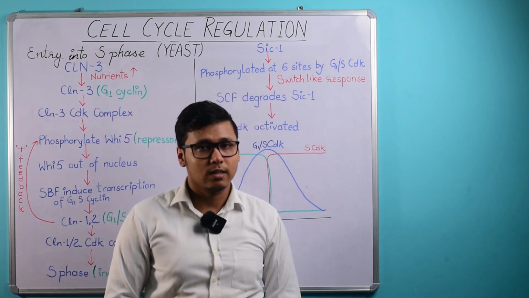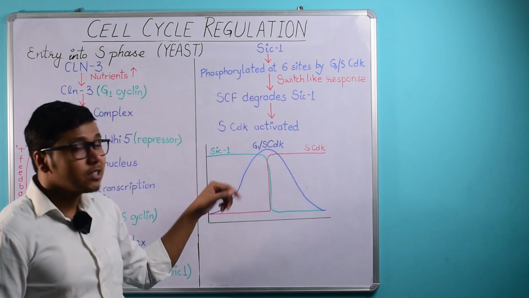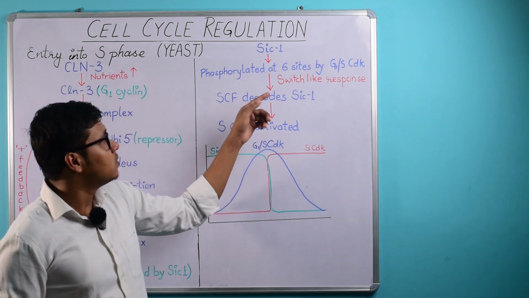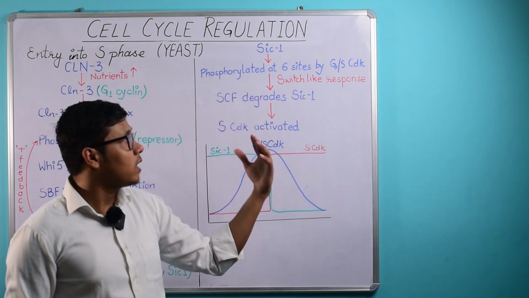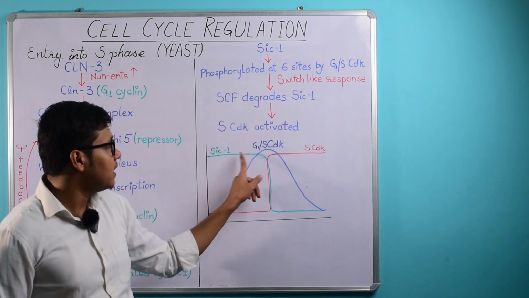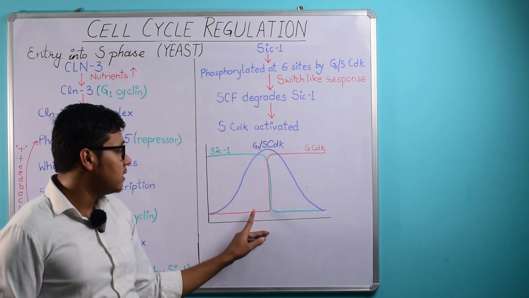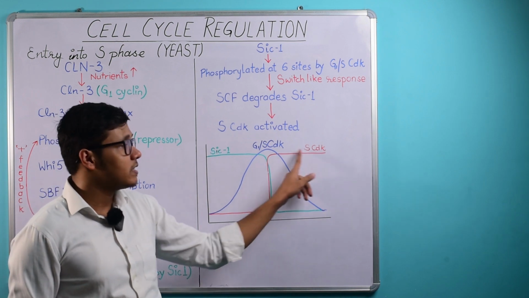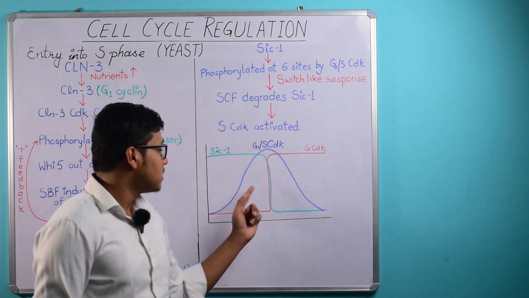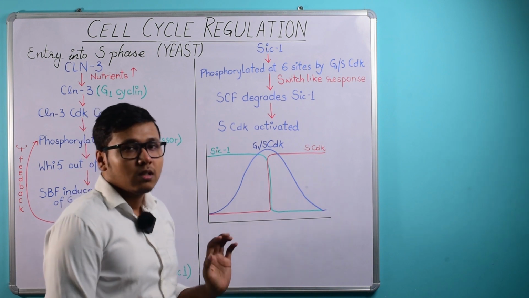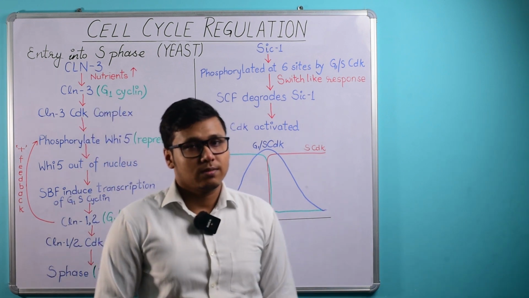SCF, as I told you earlier, right? So it is a switch-like response. When the phosphorylation takes place, suddenly the level of SIC1 goes down, and suddenly the level of S phase CDK rises up. So it is a switch-like response in the G1 to S phase transition.